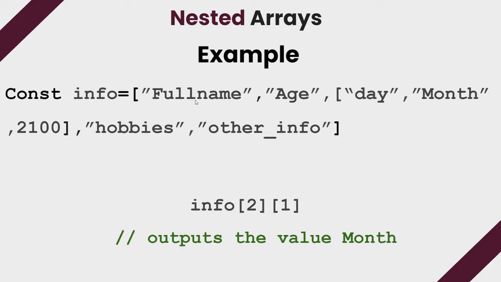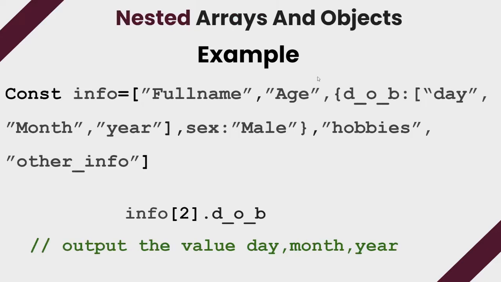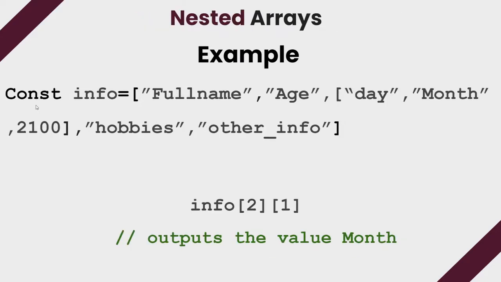And for this first value of full name, it has the index of 0, age here has the index of 1. This entire array, that's from here to here, has the index of 2. So this means that the moment you reference this by the index of 2, you will have all the values within this particular array displayed on the screen. Hobbies with the index of 3, other infos with the index of 4.